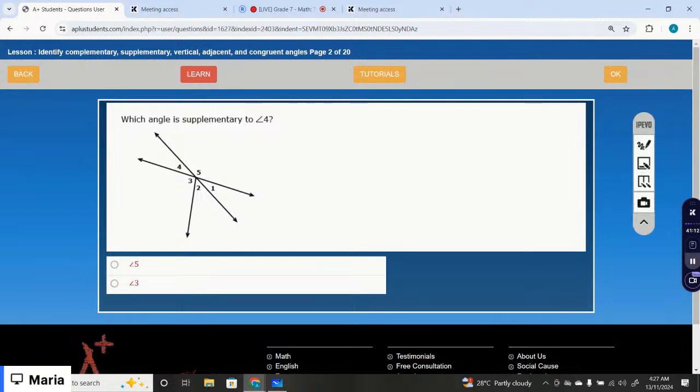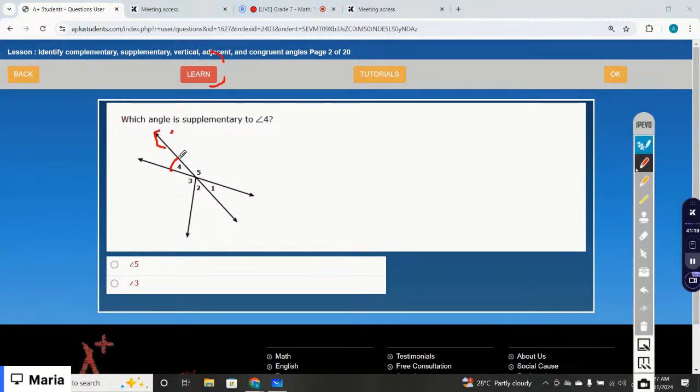Which angle is supplementary to angle 4? Supplementary angles are the ones that sum to 180 degrees. So if you add angle 5 to angle 4, that is a supplementary angle.